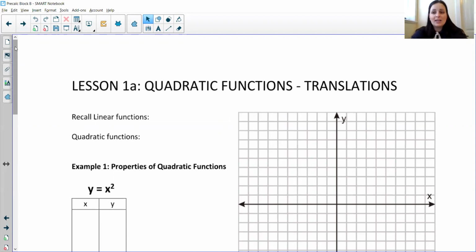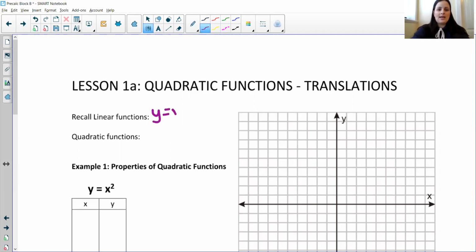So at the end of Math 10, you learned about linear functions and linear lines, and you graphed them, and you solved them, and you learned 3 different formats to discuss them. You learned slope-intercept form, you learned slope-point form, and you learned general form. So looking at slope-intercept form, this was the y equals mx plus b format.